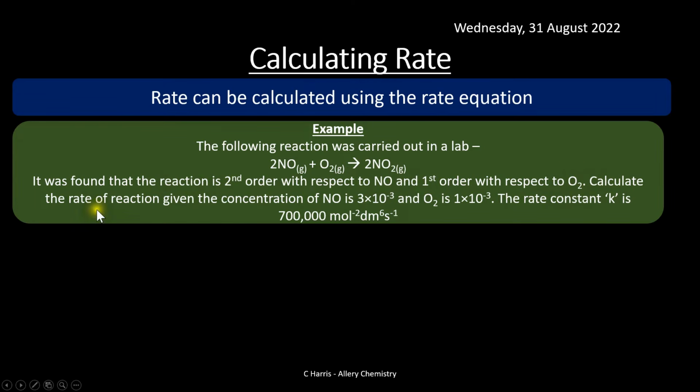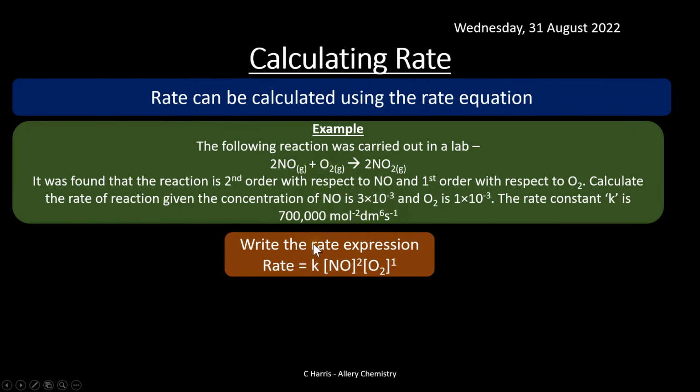We're going to calculate the rate of reaction given the concentration of NO is 3 times 10 to the minus 3 and O2 is 1 times 10 to the minus 3. The rate constant K is 700,000 moles to the minus 2 dm6 s to the minus 1.